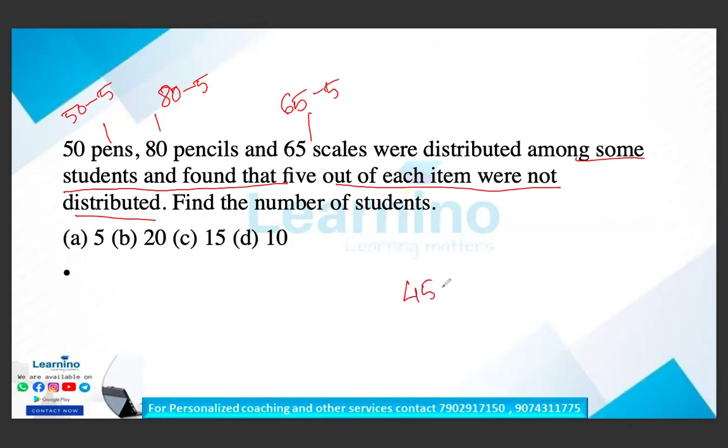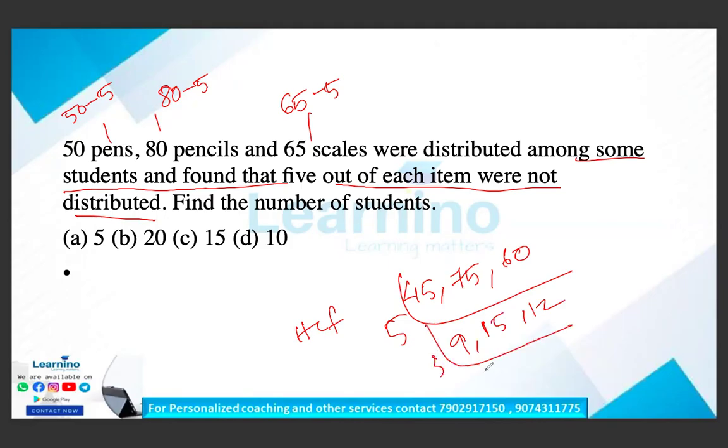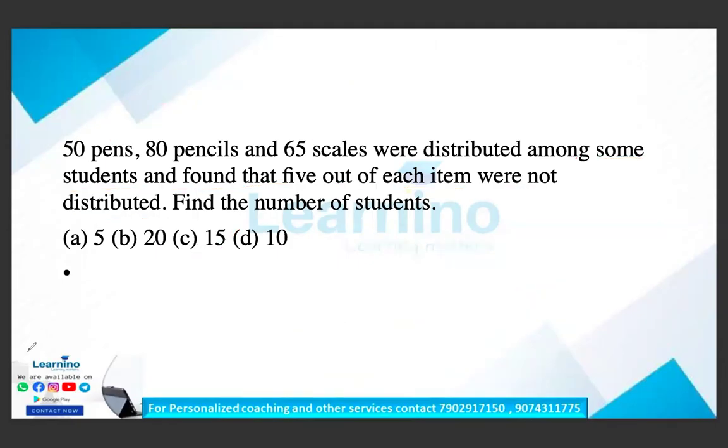That is 45, 75, 60. Taking the HCF of these, we will get 15. HCF is 5 into 3, that is equal to 15. So 15 will be the answer.